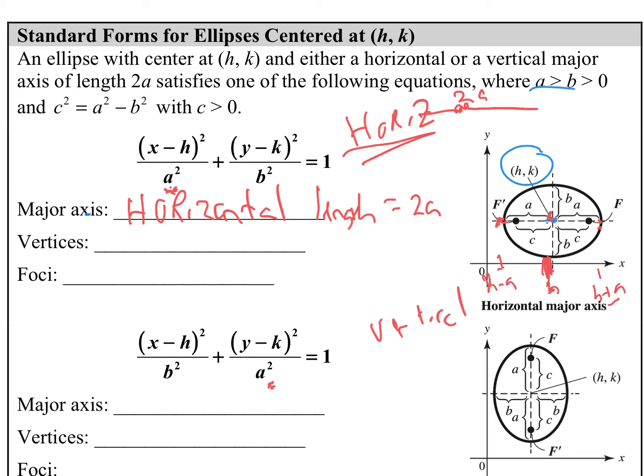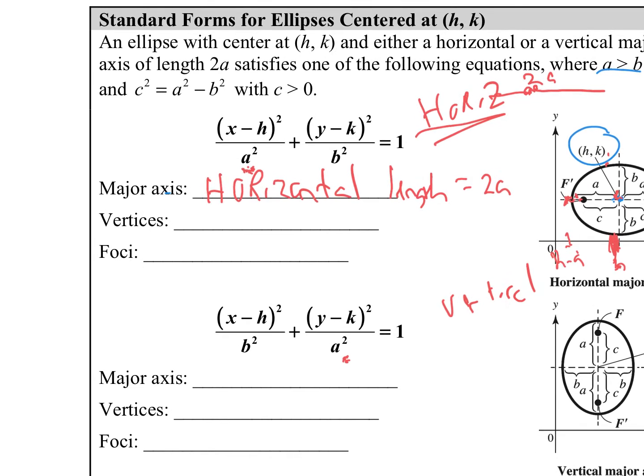How high am I going? I'm going up to the height of k for both of those. So one vertex is at h plus a, and I go up k. The other vertex will be h minus a, go up k.